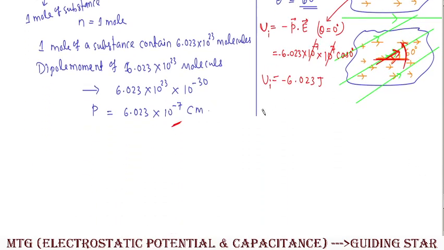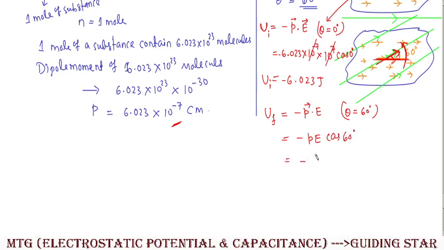when the field is making an angle of 60 degree, at that time, what is the potential energy of the system? So potential energy of the system, that means minus P dot E. Clear? So here theta should be equal to 60 degree. That means this is another case. Clear? So here minus dipole moment, it will be minus PE cos 60 degree.